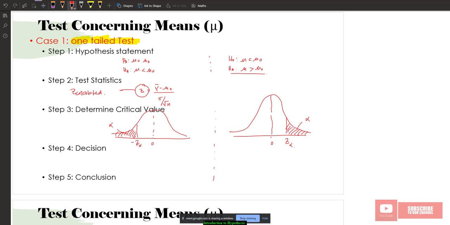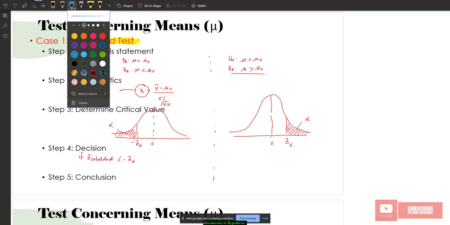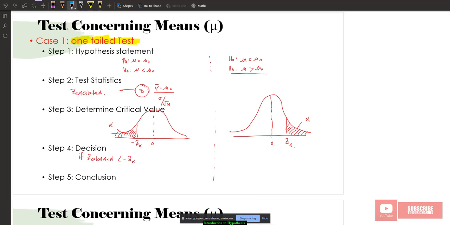Decision: if Z calculated lies somewhere here, the null hypothesis is rejected.